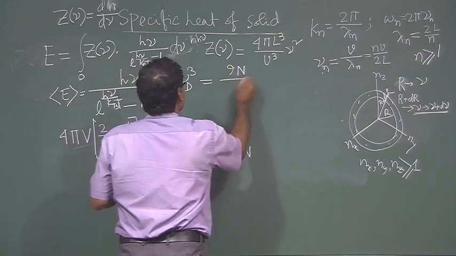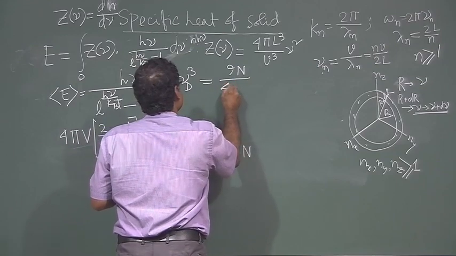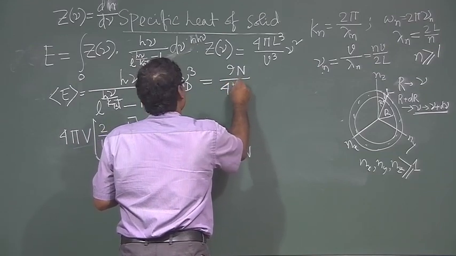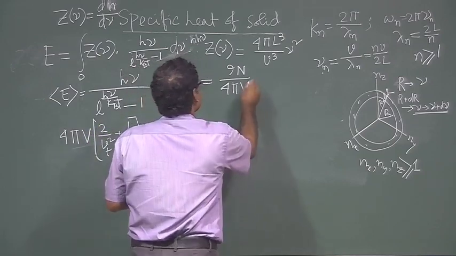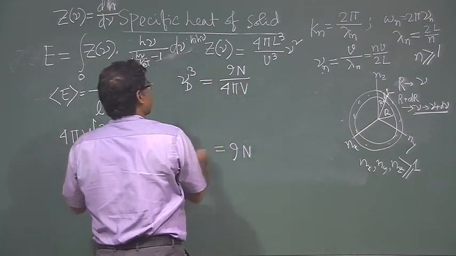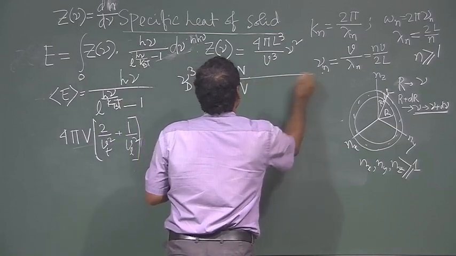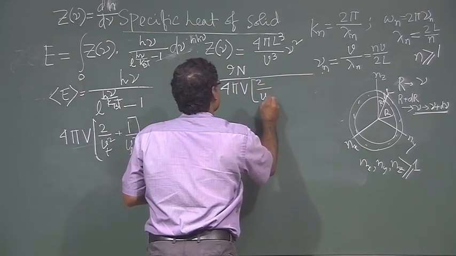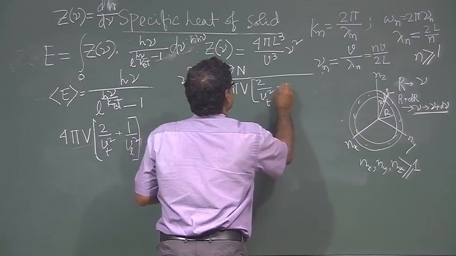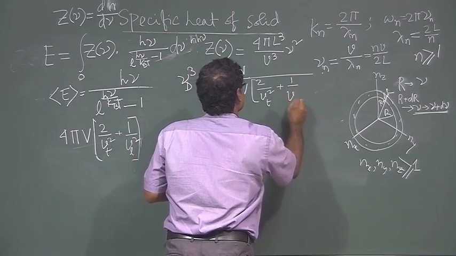equal to 9 n by 4 pi v, 9 n by 4 pi v, and then this I can write as, okay, just write 2 by v t square plus 1 by v l square.